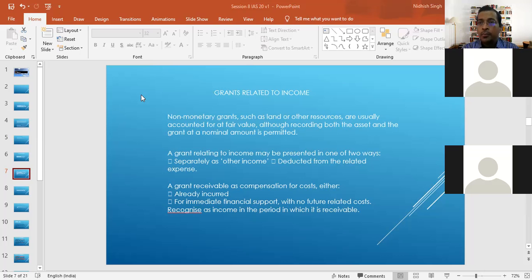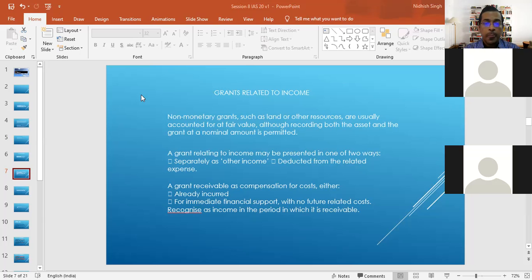Correct. So if you start, say, manufacturing of PPE, very likely you apply to the government, and the government will either give you the land or will finance 50% of your cost, saying okay, if you don't have enough money, we can support you, right? But the government will also ask you to reduce the price. So this kind of arrangement can be easily done, and the government does that.